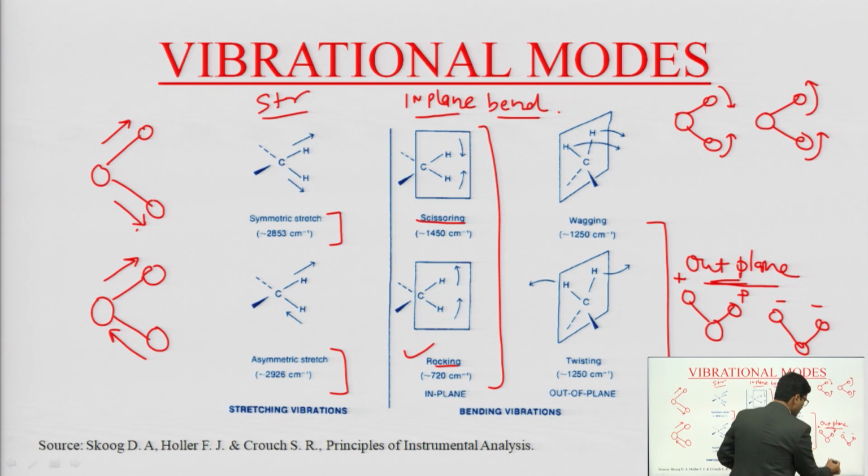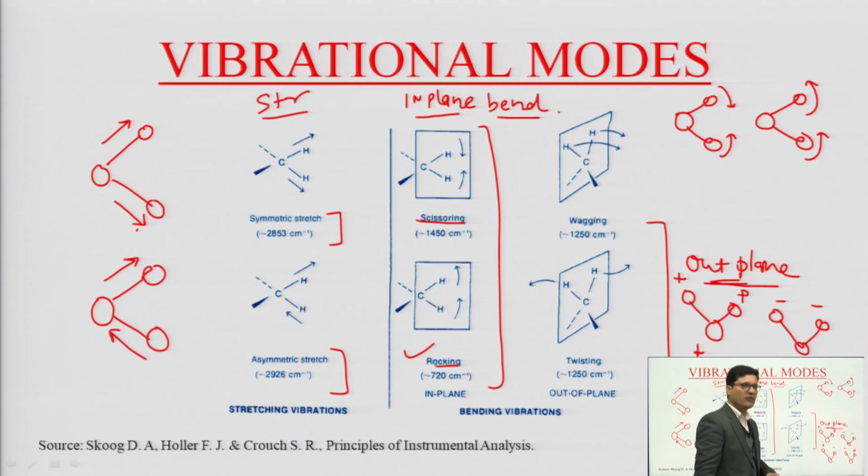But when one atom is going upward and the second is going downward, then it is a type of twisting motion, like one is going upward, other is going downward, up down, like this type of motion is a twisting motion. So, wagging and twisting are the out-of-plane motions, scissoring and rocking are the in-plane motions.